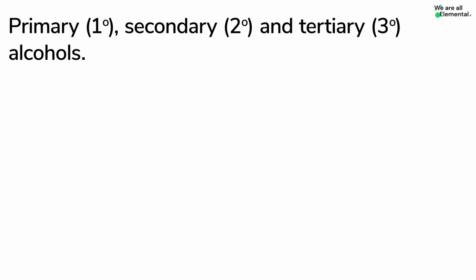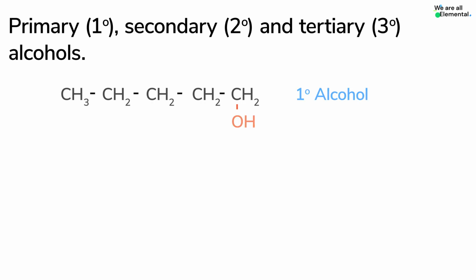When the hydroxy group is on a primary, secondary, or tertiary carbon, the alcohol is referred to as a primary, secondary, or tertiary alcohol. So in this compound, the OH group is on the primary carbon, therefore it's a primary alcohol, and it is 1-pentanol.